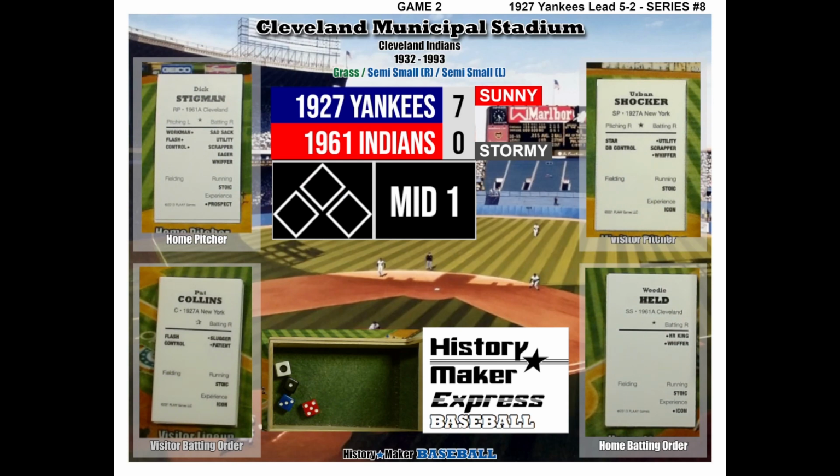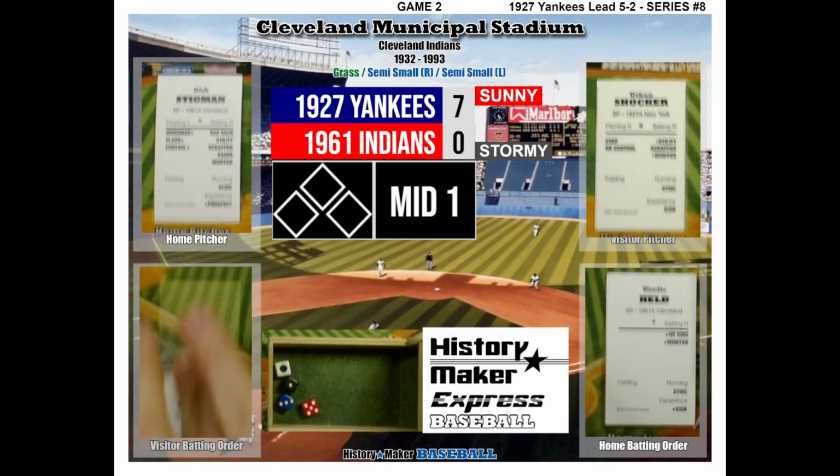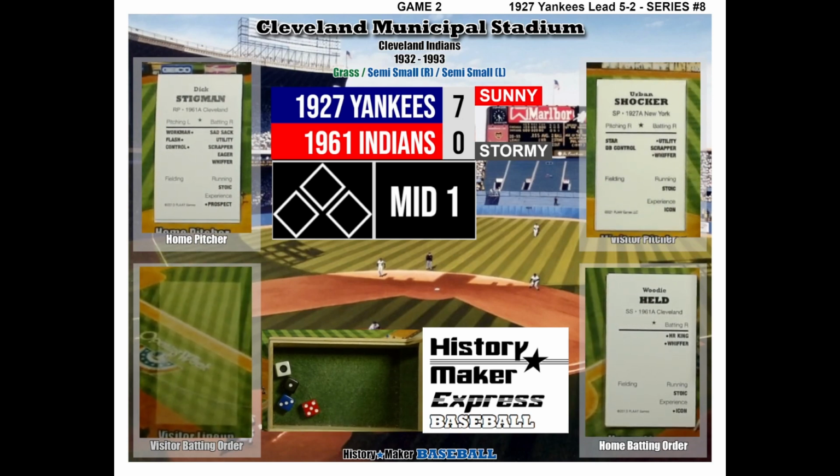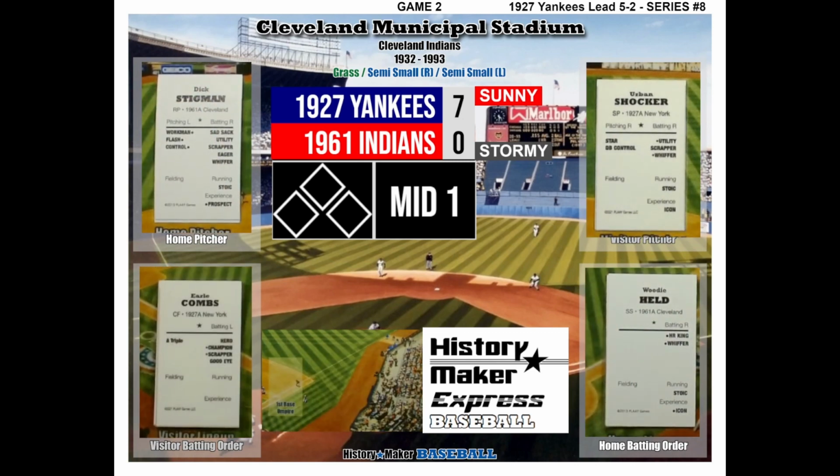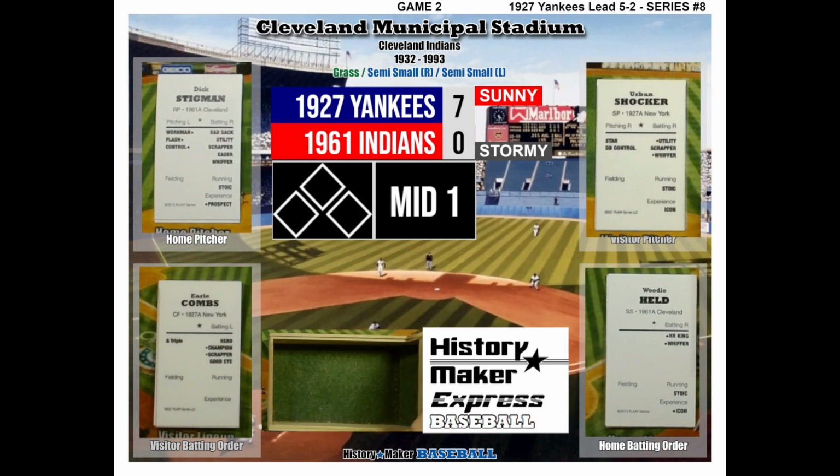After one inning, it is 7-0 in favor of the 1927 Yankees, as they pound for 7 runs. They have batted around here in the first inning, knocked out Gary Bell, and now Urban Shocker, it's his turn to see if he can hang on to this lead.